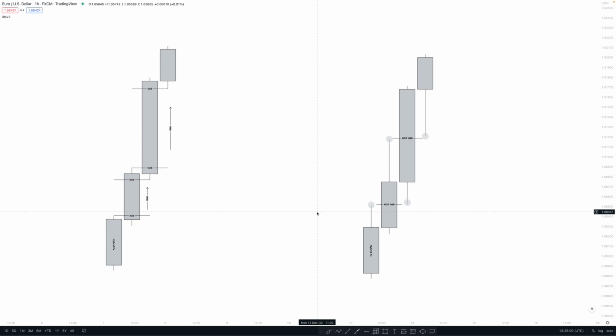Imbalance tends to get filled also 70, 80, 90% of the time, and you can use imbalance in your favor. So if you have a trade and you have imbalance in your direction, let's say you want to buy something, and you see that price has left imbalance, that can be your positive confluence that price is going to take that imbalance, and your trades are going to be more high probability when you're trading in the direction where the imbalance is.